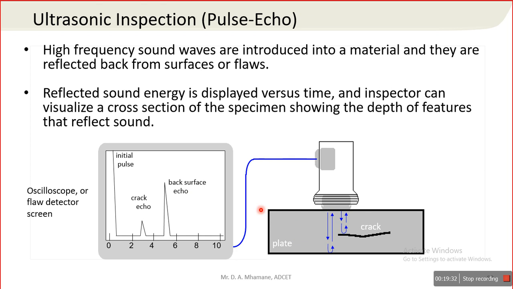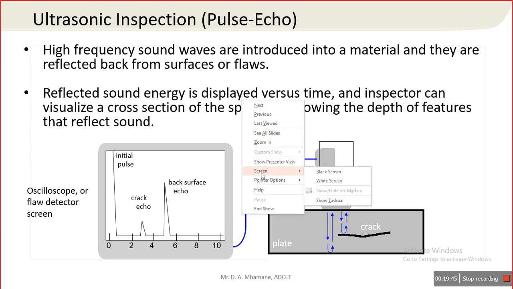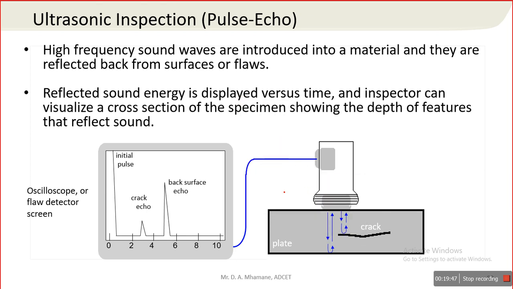As scanning happens from one end to another, it shows indications on the machine screen. Suppose our probe is at this location. What happens?